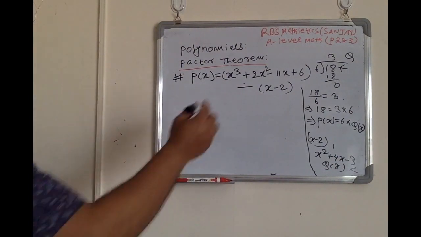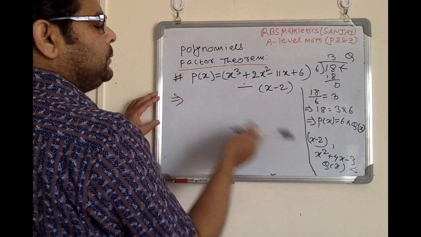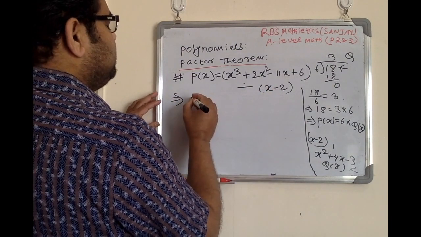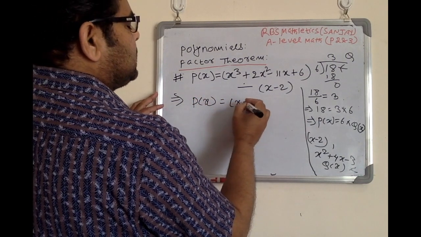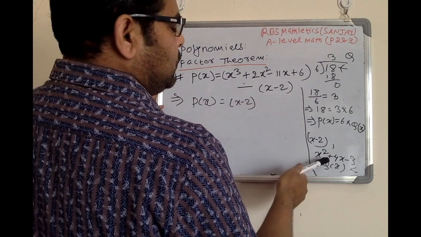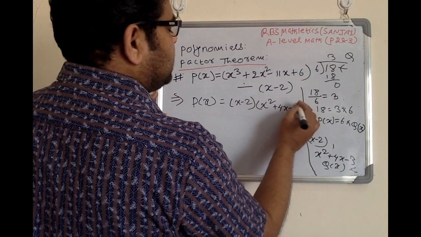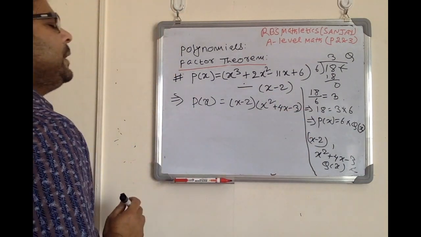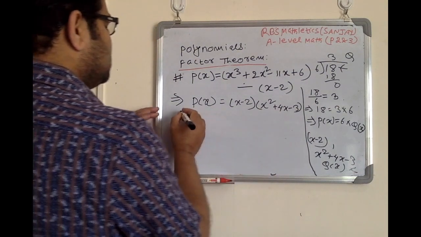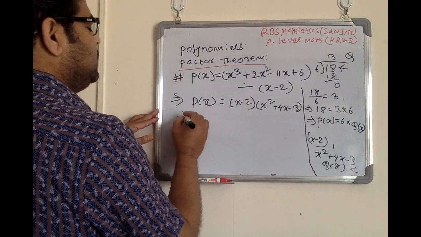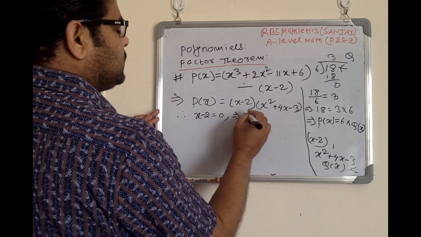So when you divide this given polynomial by x minus 2, what do you get? If you compare here, then your P(x) is going to be x minus 2 times x squared plus 4x minus 3, leaving no remainder. So if the remainder is 0, that means x minus 2 is a factor. Therefore if you put x minus 2 equal to 0, that gives you x equals 2.